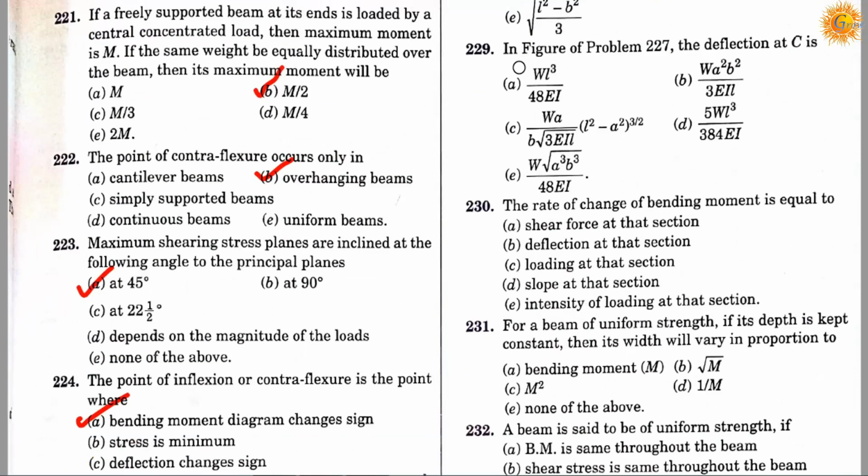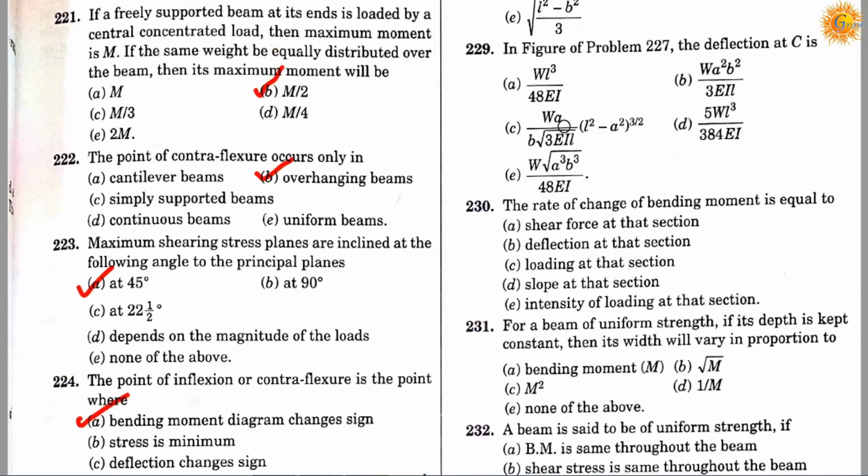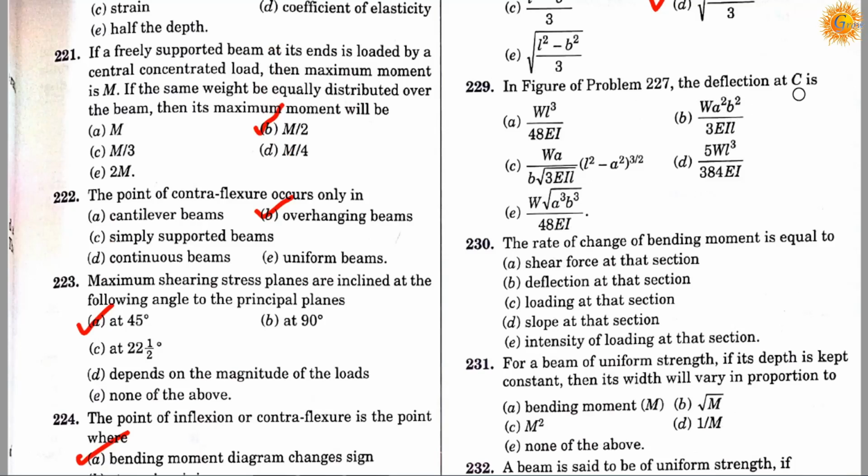Question number 229. In the figure of problem 227, it means this one is the same, and he is asking the deflection at C. Option A is WL cube divided by 48 EI, option B is WA square B square divided by 3 EIL, option C is WA divided by B under root of 3 EIL multiplied by L square minus A square power 3 by 2, option D is 5L cube divided by 384 EI, and option E is W under root of A cube B cube divided by 48 EI.